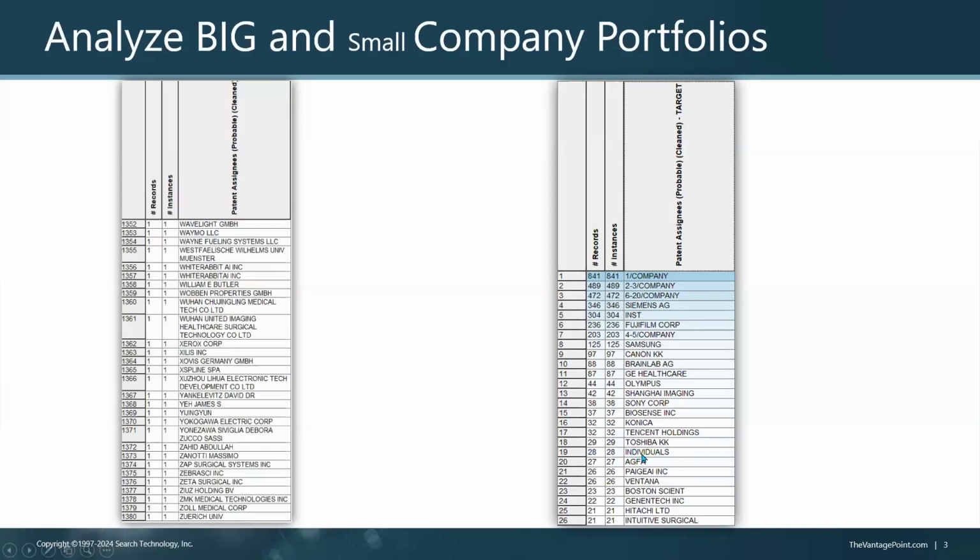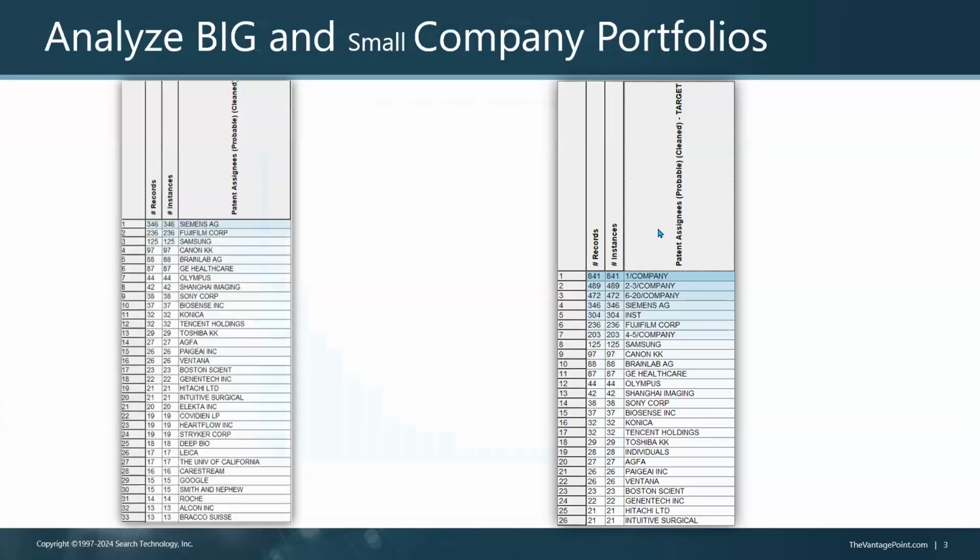We've also identified individuals where the document doesn't have any identifying company on it. It's individual inventors. So we want to maintain all of this information and take what we have over here, this long tail, and put it into a manageable set of records that we can compare in our reports and so on.